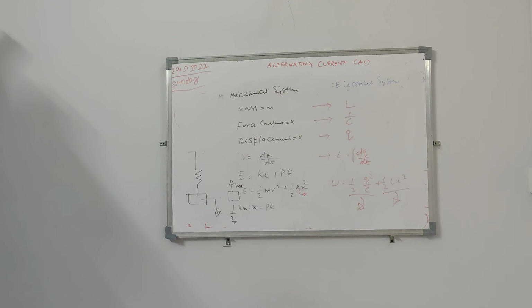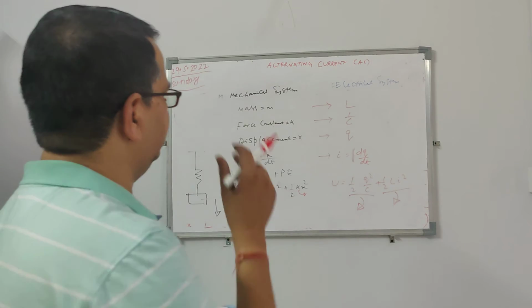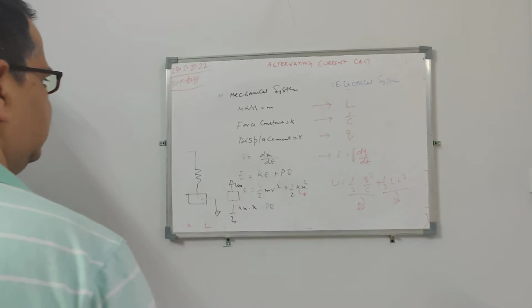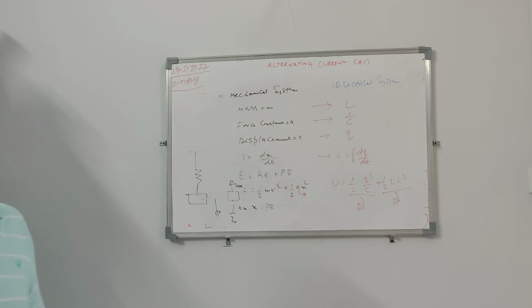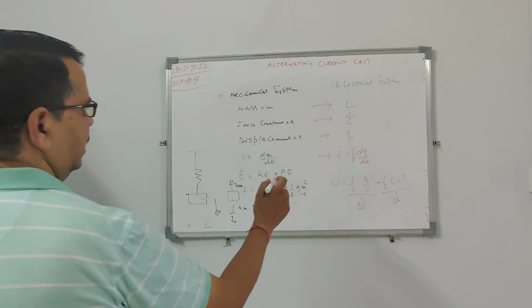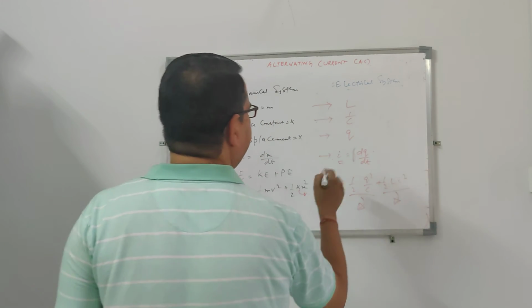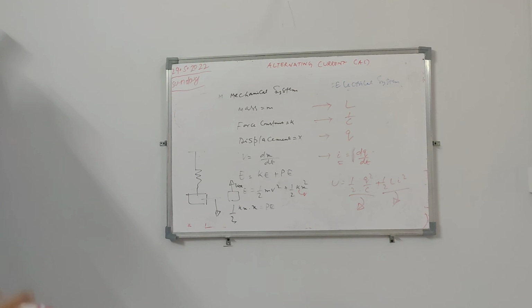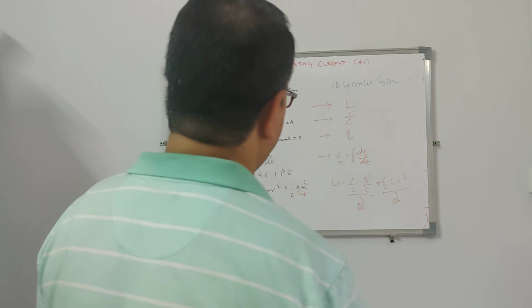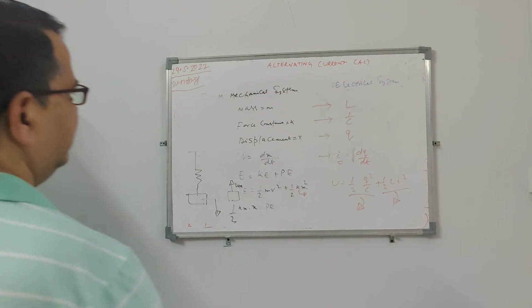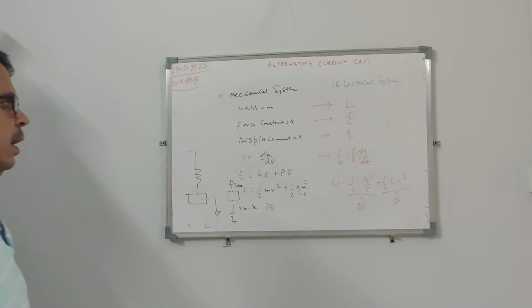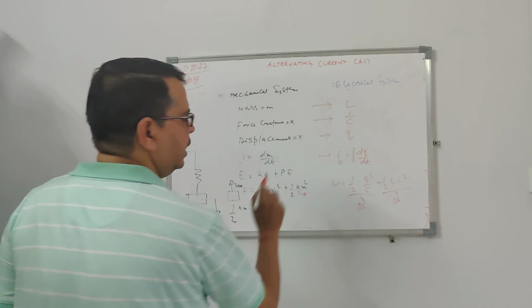So corresponding to mass you will have inductance, corresponding to force constant you will have capacitance, and corresponding to displacement you will have charge, because I is equal to dq by dt. So displacement and charge are similar, and velocity and current are similar.